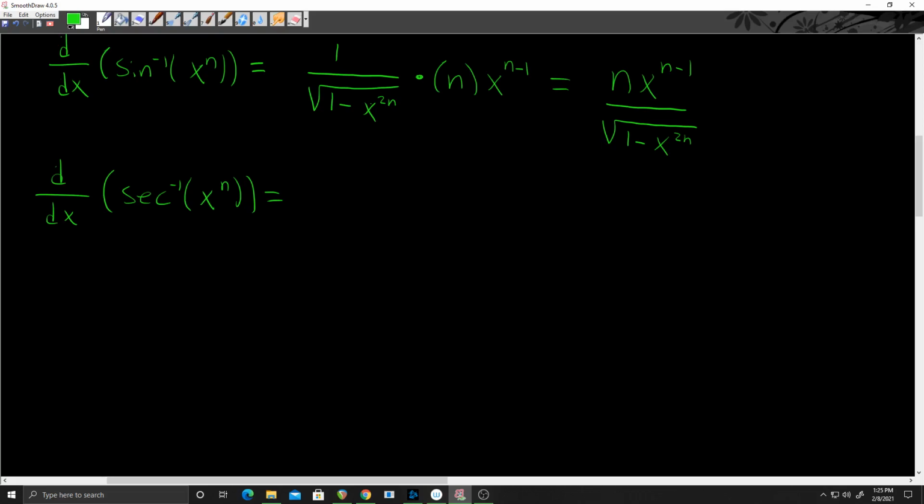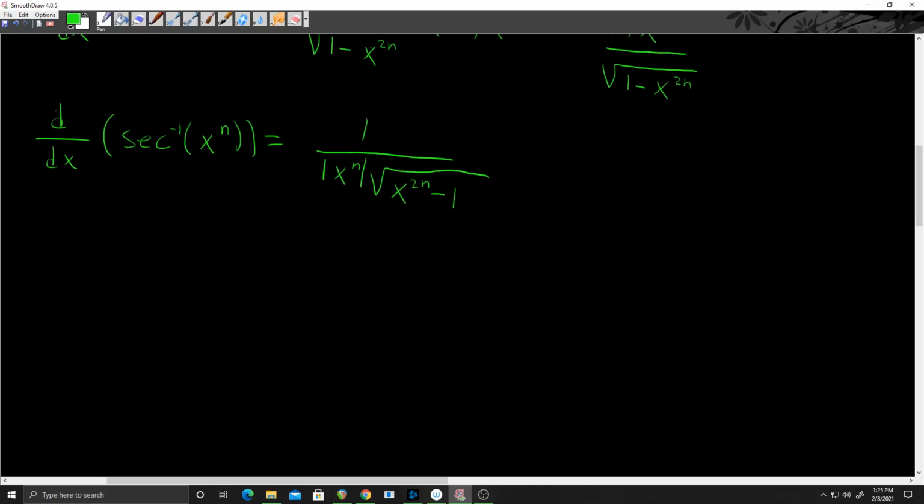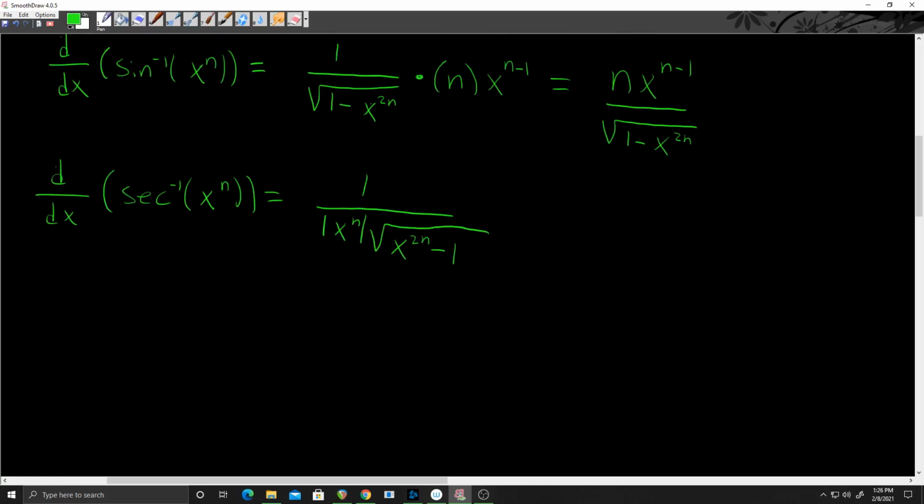It's going to be 1 over the absolute value of whatever's in there, absolute value of x to the n, square root of x to the n squared, so once again, x to the 2n, and then minus 1, okay? And then once again, let's not forget to multiply by the derivative of what's inside.